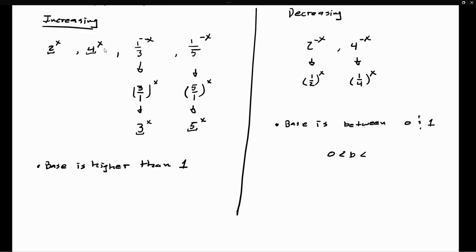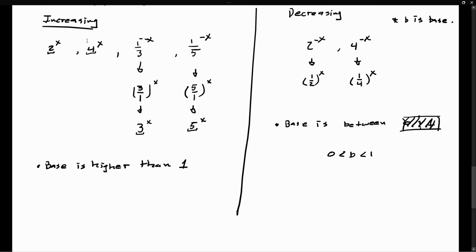If b is between 0 and positive 1, not including 0, not including 1, where again, b is the base. And this is very important for us to understand. Just because we have a negative exponent, we're not always going to have a decreasing function.